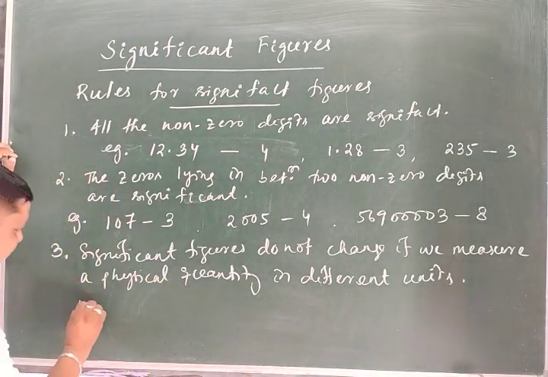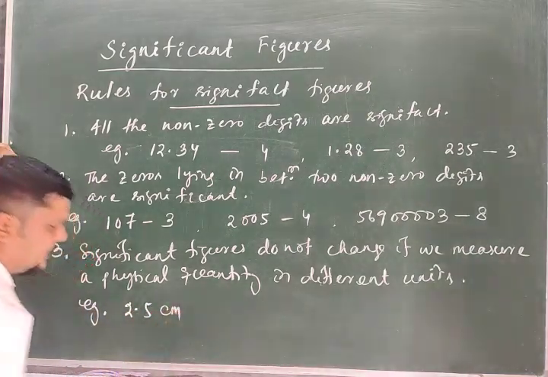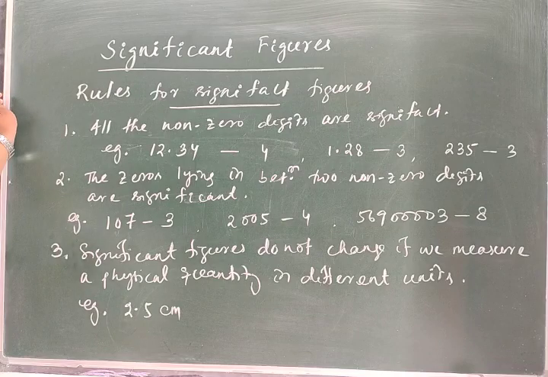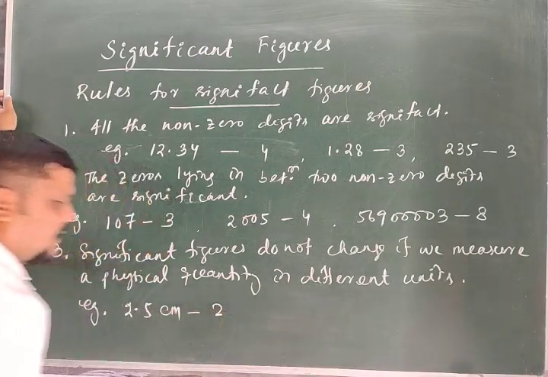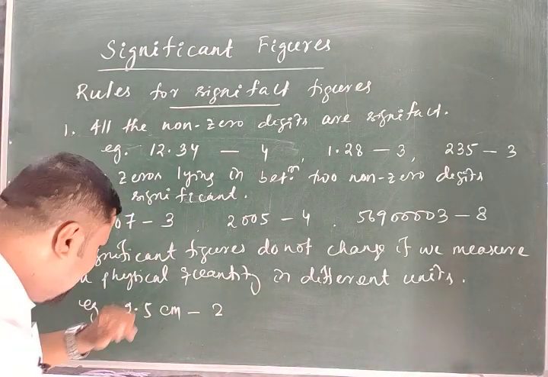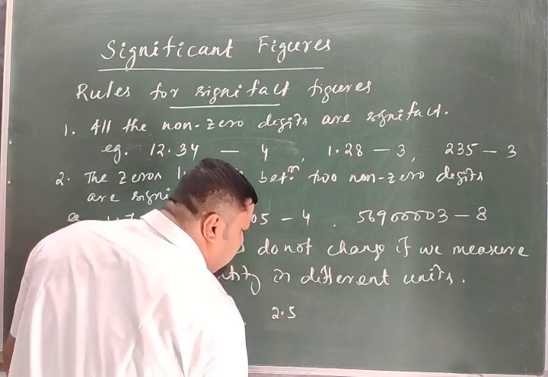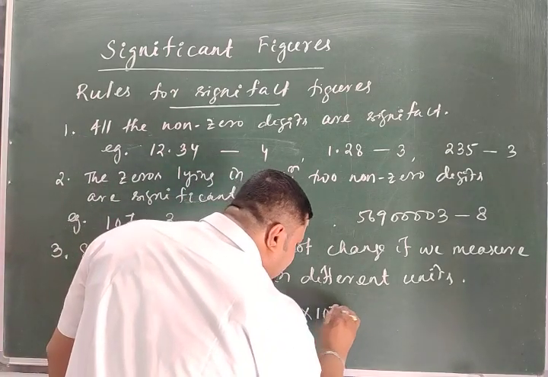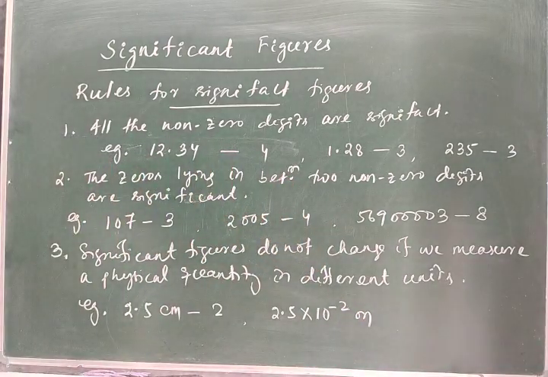An example is like this. Suppose I have 2.5 centimeter in a measurement. What are the significant figures of this? There are 2. As you know, 2.5 centimeter can be written as 2.5 into 10 to the power minus 2 meter. Both are the same thing.